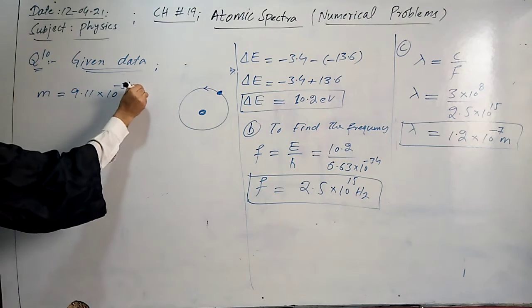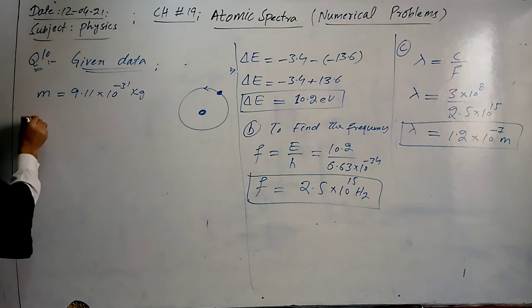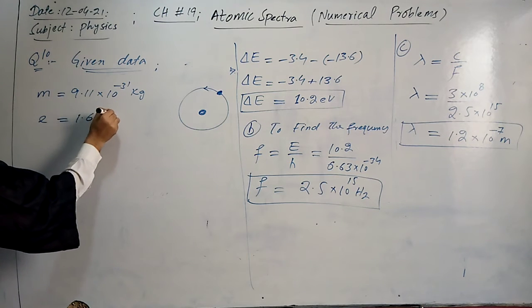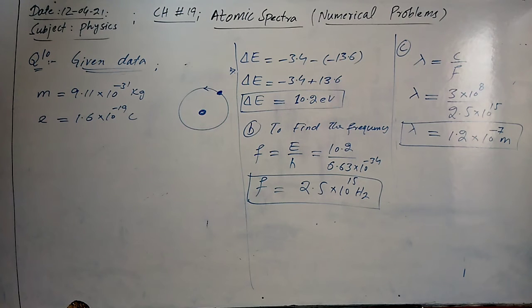Second thing, charge on electron. We already know this is a constant, 1.6 multiplied 10 power minus 19 coulomb. And the radius of the first orbit is also given.